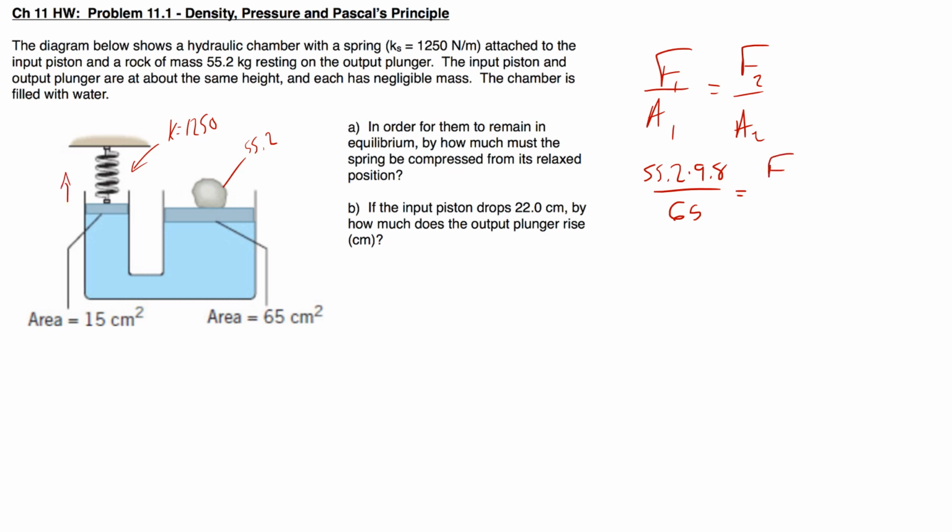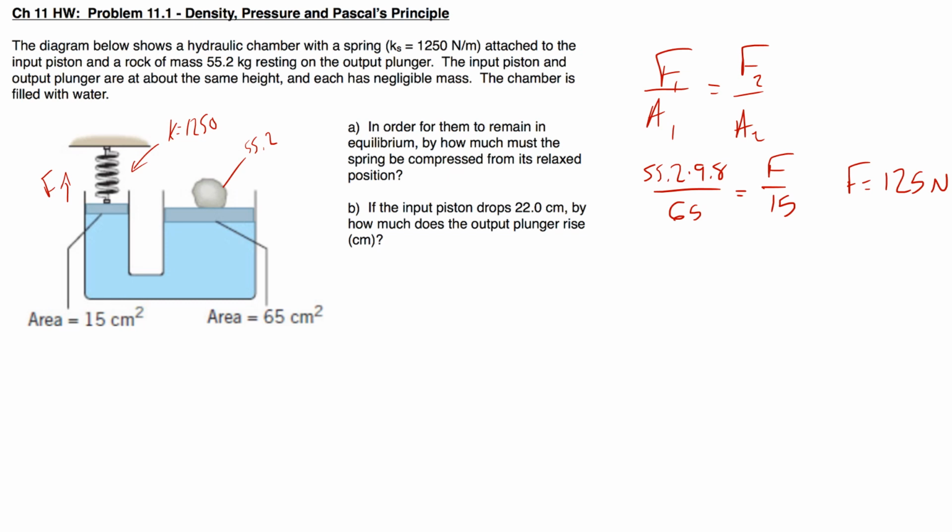We're looking for this force here, divided by 15. Multiply, multiply, multiply. You're going to get a force of almost 125 newtons. That's if you went with 10 for gravity, but we're too good for that, right?